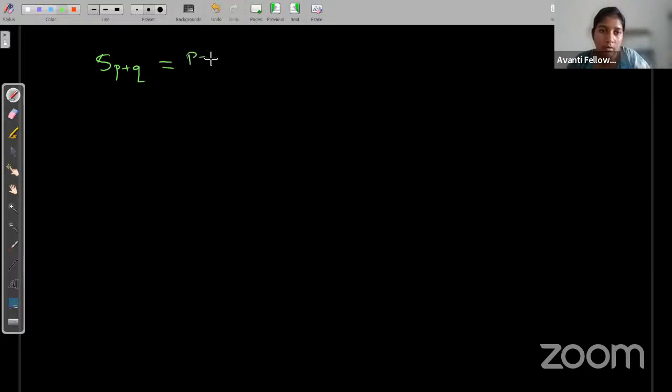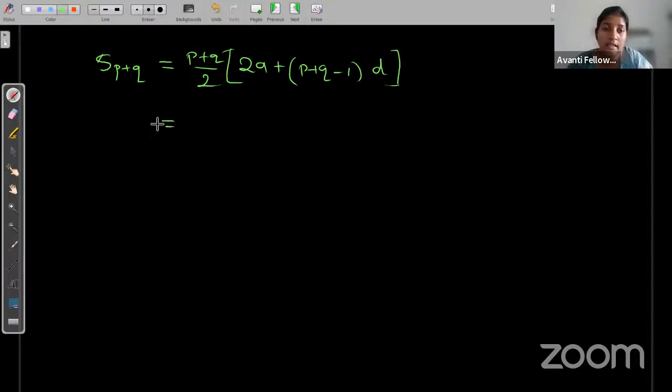It's going to be n by 2, that is p plus q by 2 into 2a plus p plus q, that is n minus 1 into d, right? So just replace that d value here. What we will get is p plus q by 2 into 2a plus p minus 1 into d plus qd, right?